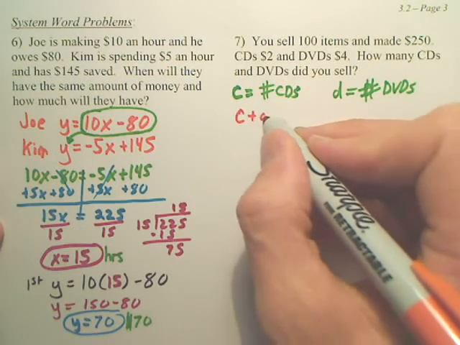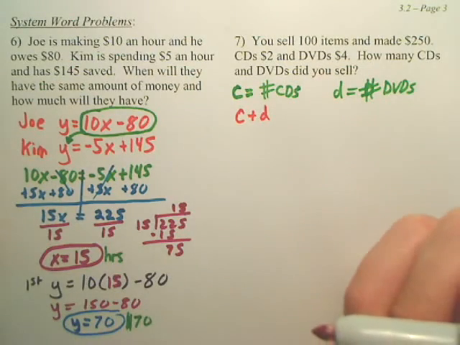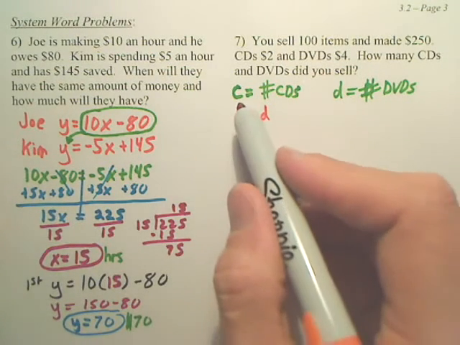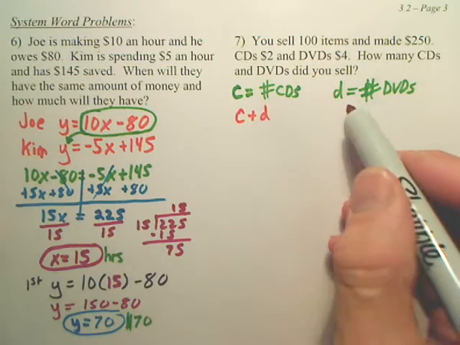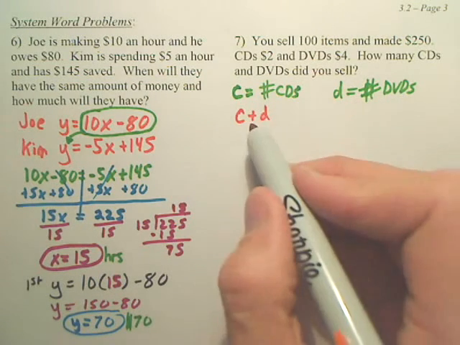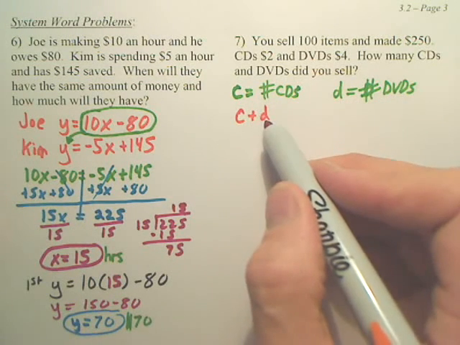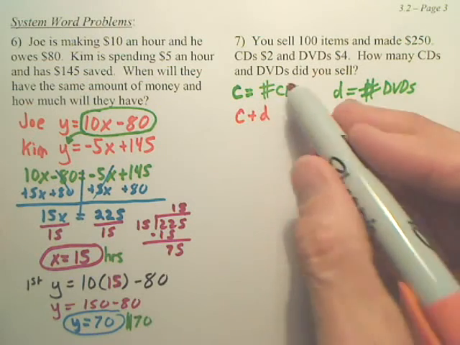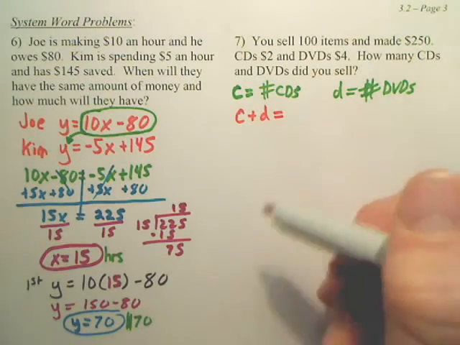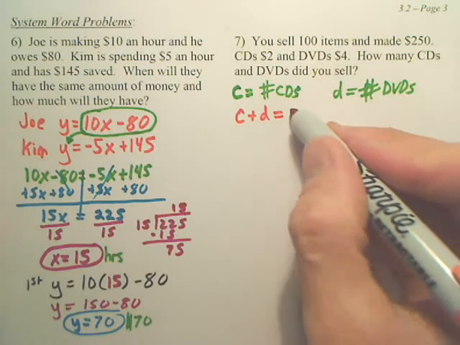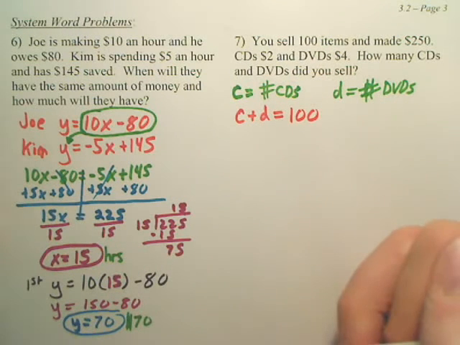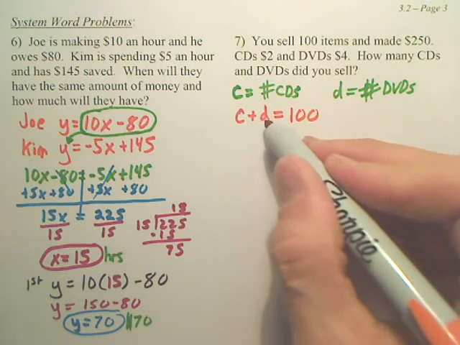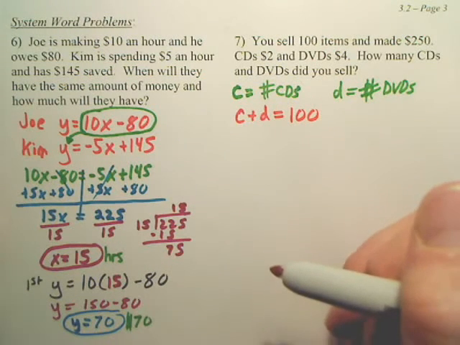C plus D then represents what? If C is the number of CDs sold and D is the number of DVDs sold, then C plus D represents the number of items sold. Do we know the number of items sold? 100. Right there. 100 items. Due to the data, I know that my CDs and DVDs add up to 100.